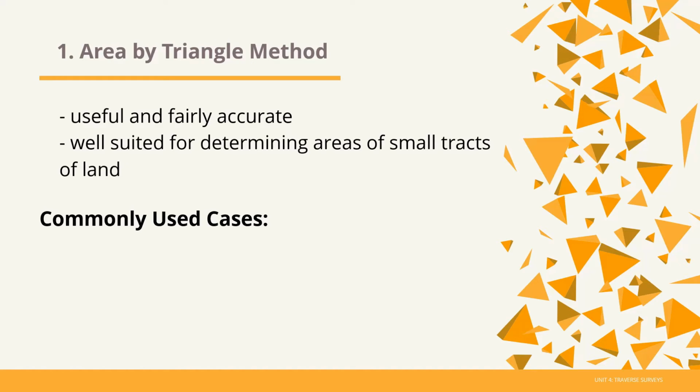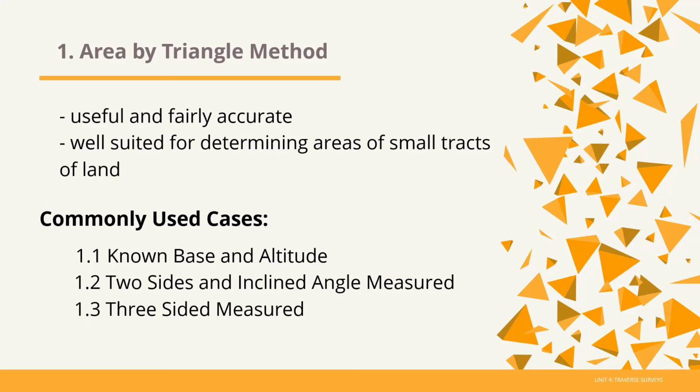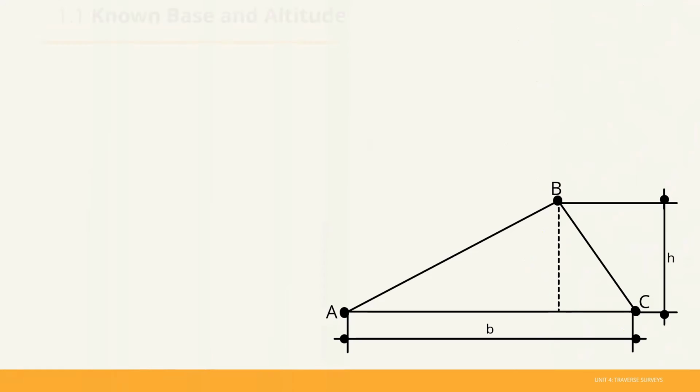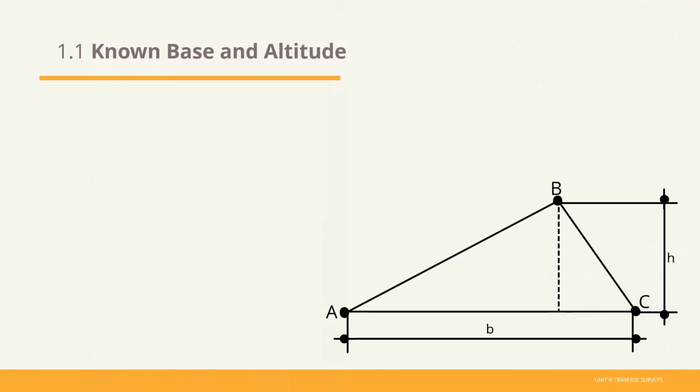Now, in using the triangle method, there are cases commonly used to determine the area. These are the triangles with known base and altitude, having two sides and included angle, and having a measurement of all three sides. First case is the known base and altitude.